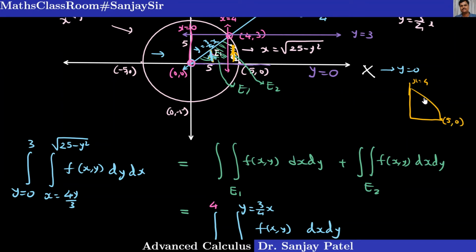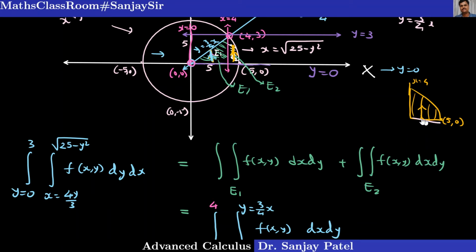We have to take a strip parallel to the y-axis if you want to integrate with respect to y first. For all positions, the lower end and upper end remain on the same curve. So we have to find the equations of these curves.